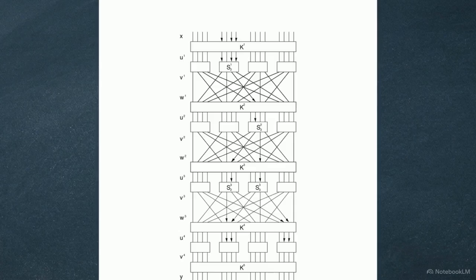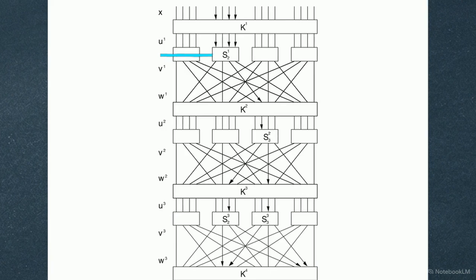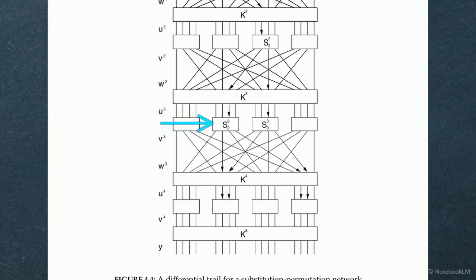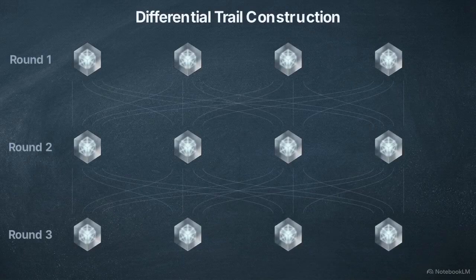This schematic shows the full architecture. Notice how the outputs from one round physically permute into the inputs of the next. We can chain our calculated probabilities together to form a differential trail, a continuous sequence of highly probable transitions spanning multiple rounds. We begin the trail in round 1, targeting the active S-box 2.